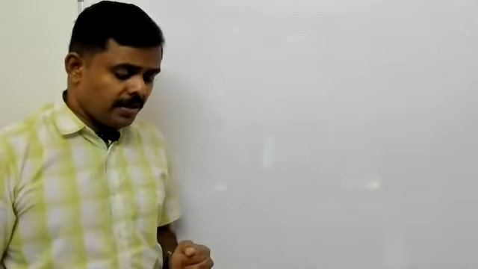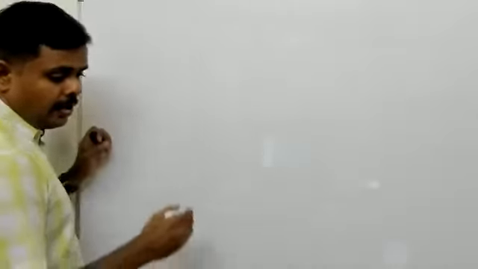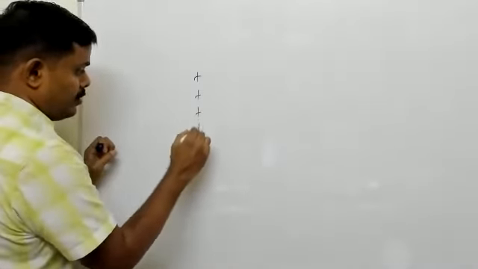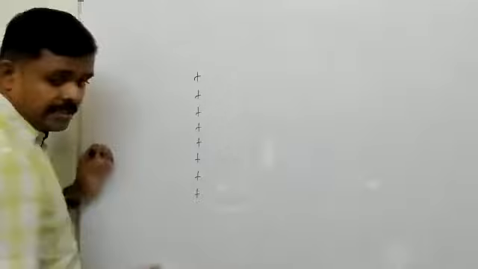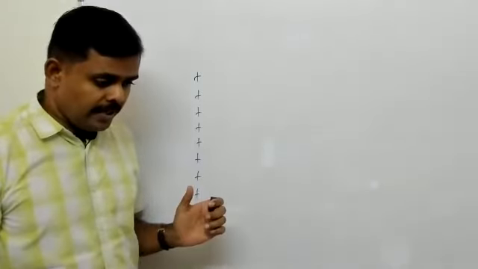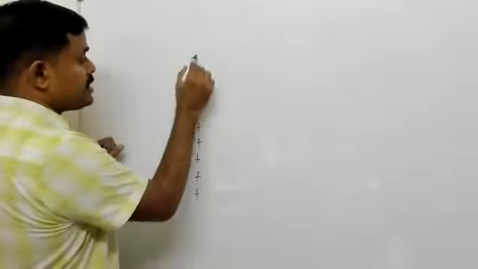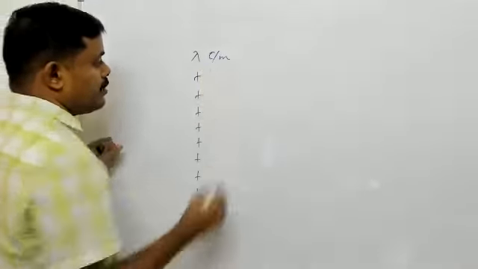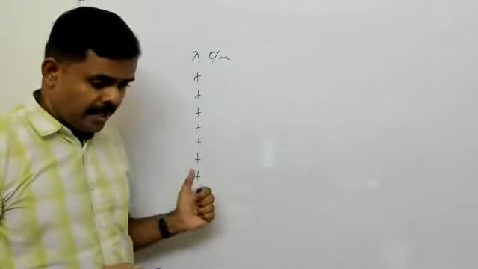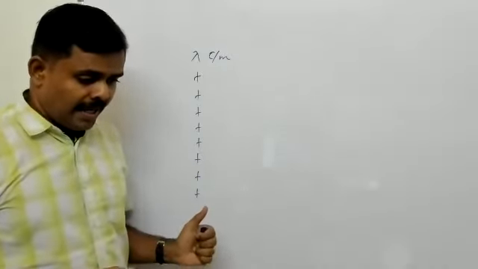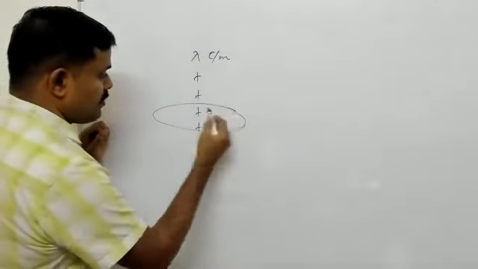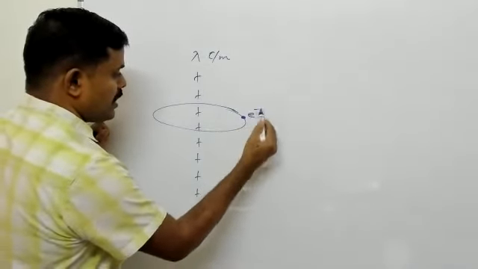An infinitely long positively charged wire has a linear charge density lambda coulomb per meter. An electron is revolving around the wire as its center with a constant velocity in a circular plane perpendicular to the wire.